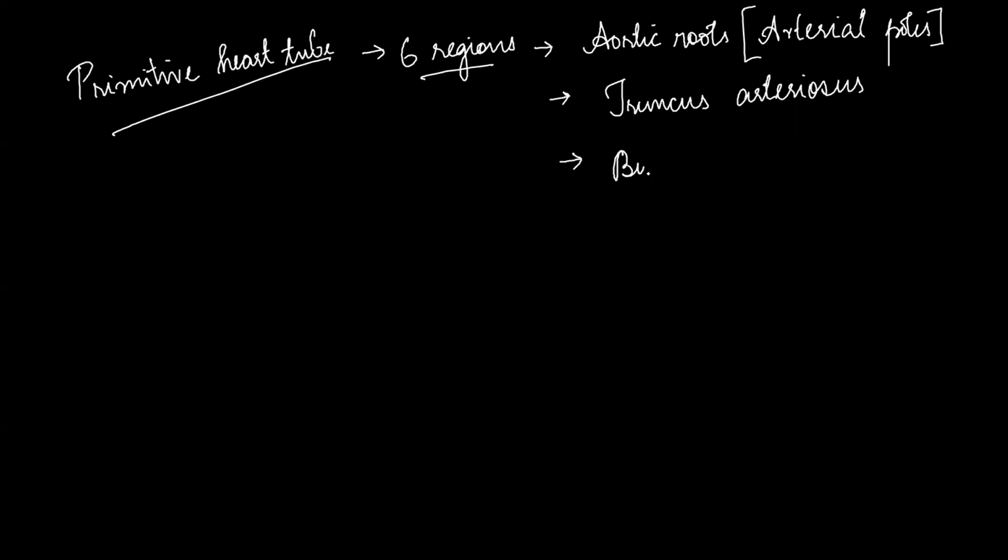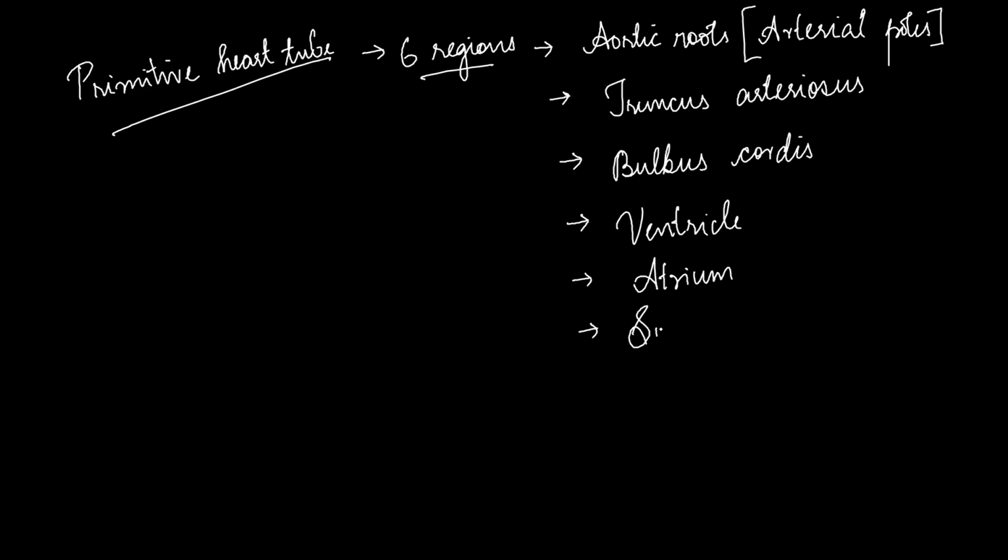Third one we have bulbus cordis. Next we have ventricle, atrium, and lastly sinus venosus, otherwise termed as the venous pole.